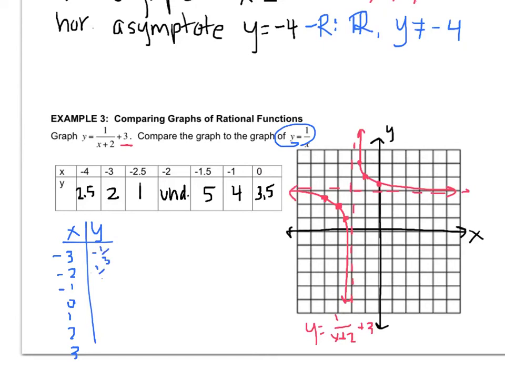This is -1/2. That's -1. That's undefined. 1, 1/2, 1/3. When you're ready, let's graph.